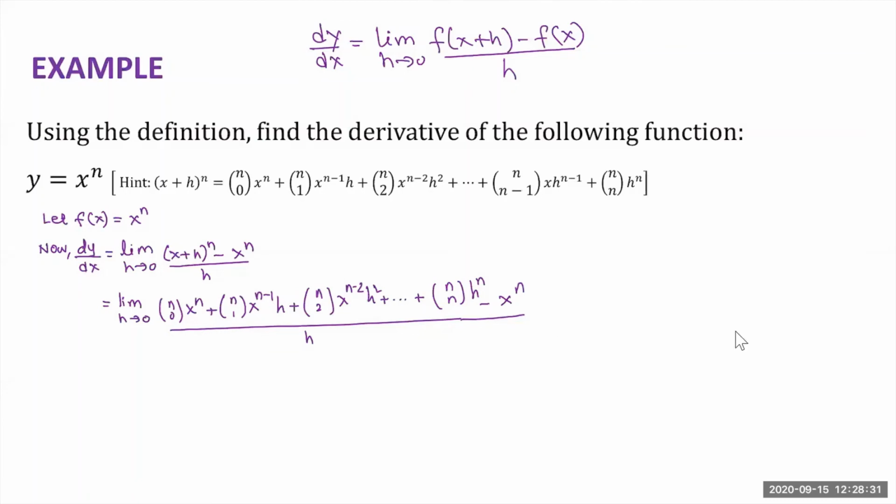In order to simplify this, we'll use some known facts of math that we have. Now, the combination of n objects taken 0 at a time, the value of this one is 1. n0 is 1. That is something you need to remember. We are not going to look at the proof of that in our course, but just remember n0 is 1.